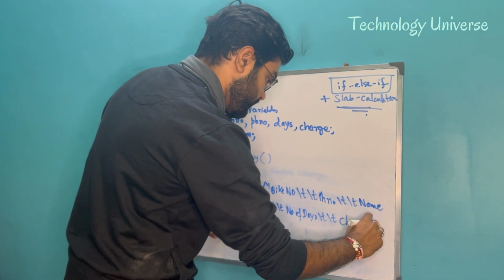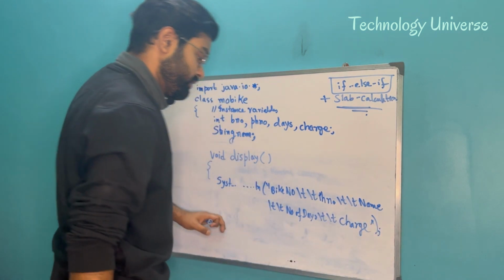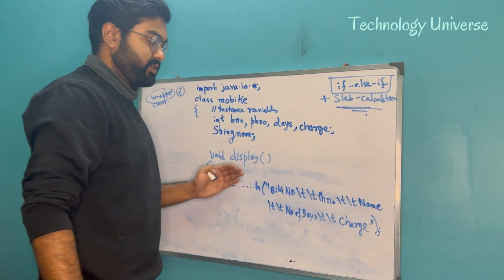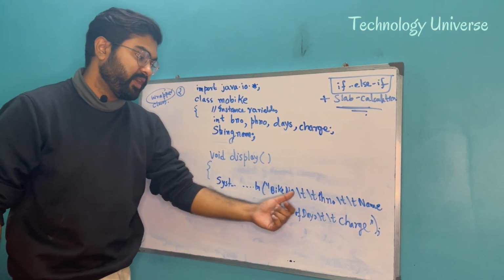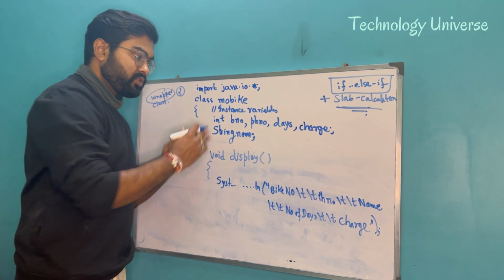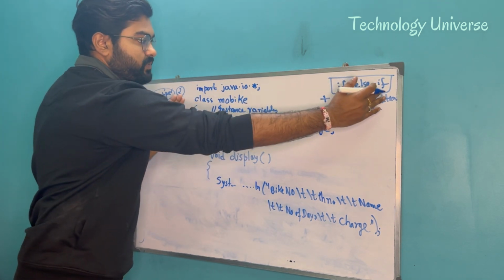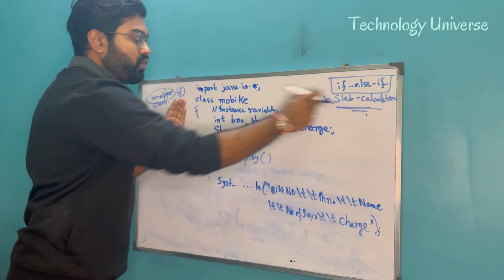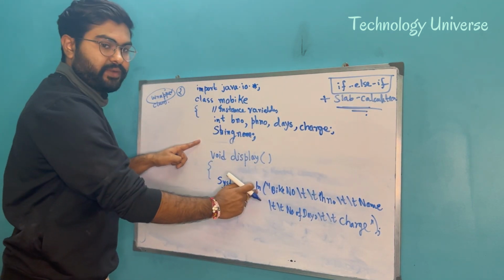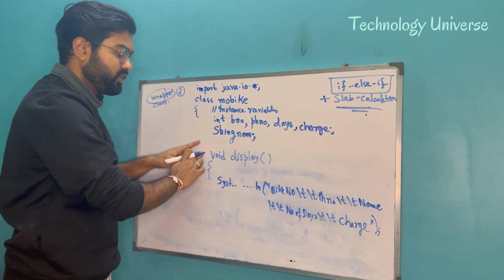So charge is done. The cursor would print these headings separated by \t. So we would get the bike number, then the phone number, then the name, number of days and charge printed over here. And the cursor would go to the next line, since we are using the println. Println prints the line and goes to the next line.